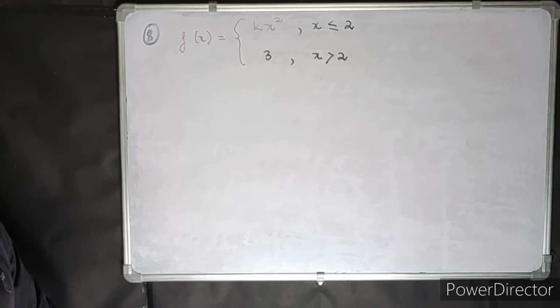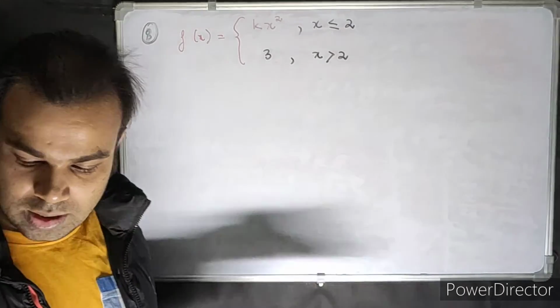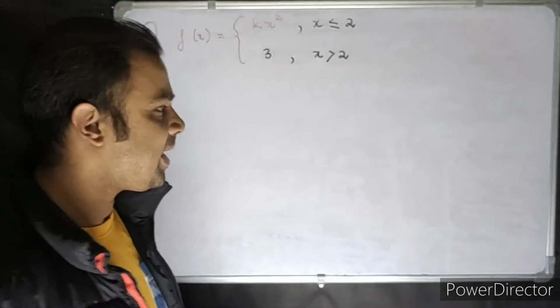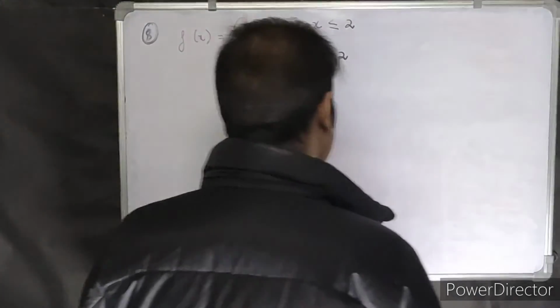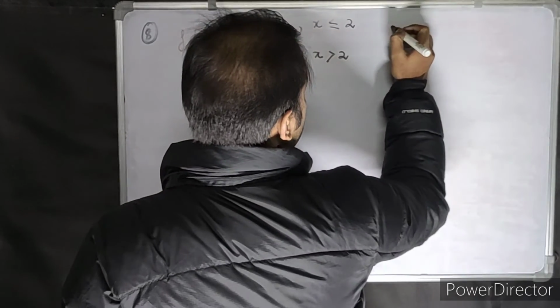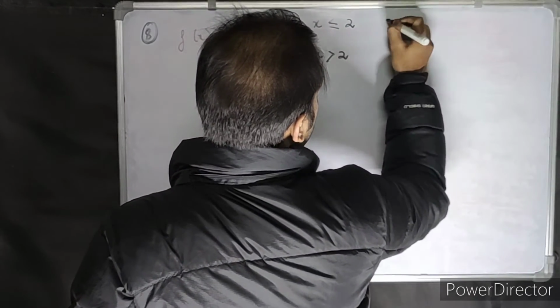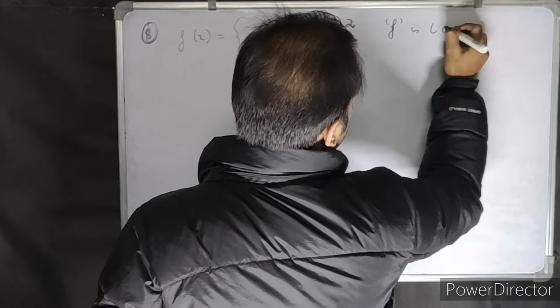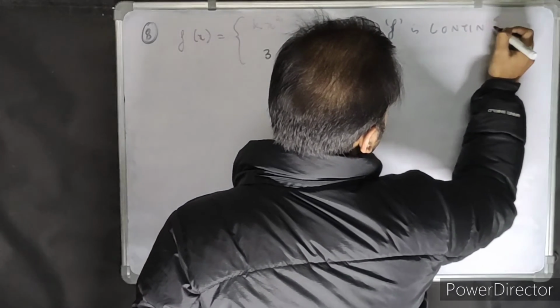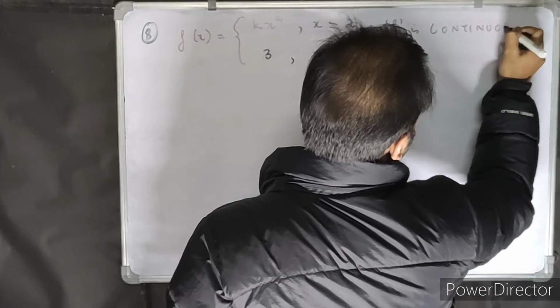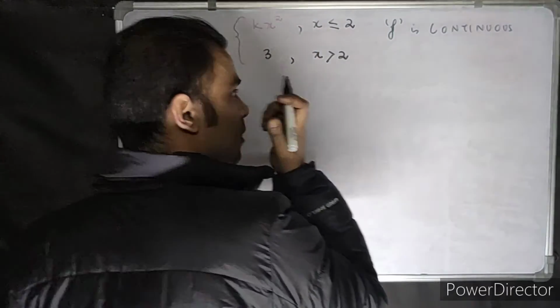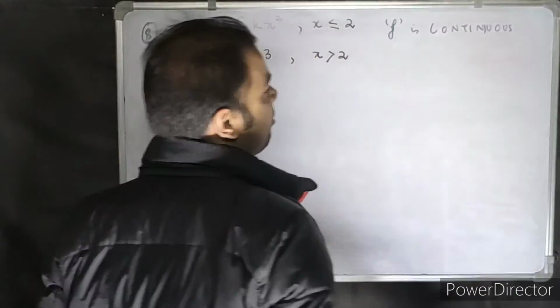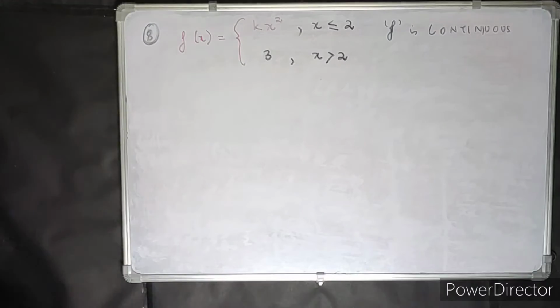Now it says, find the value of k so that the function may be continuous at x equal to 2. So it says the function f is continuous. Whatever it is, forget the spelling, focus on the mathematics.